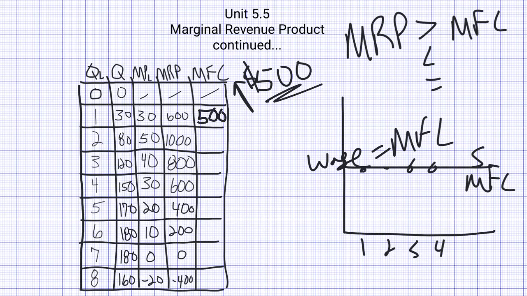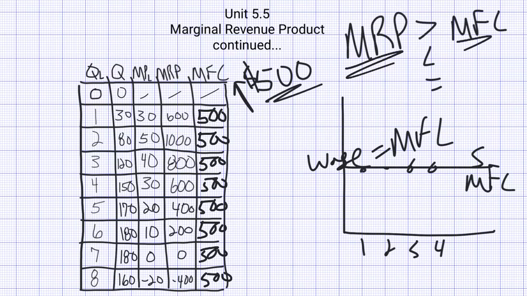So it costs 500 to get the first worker, 500 to get the second worker, and so on.